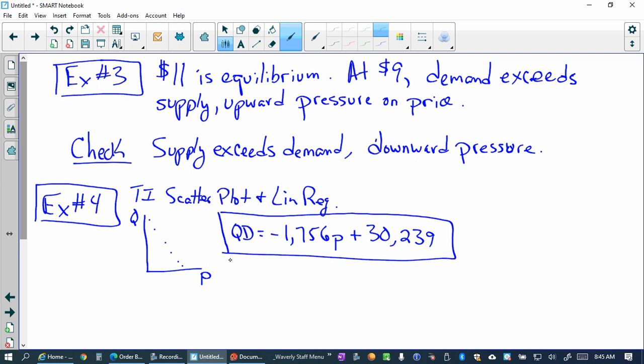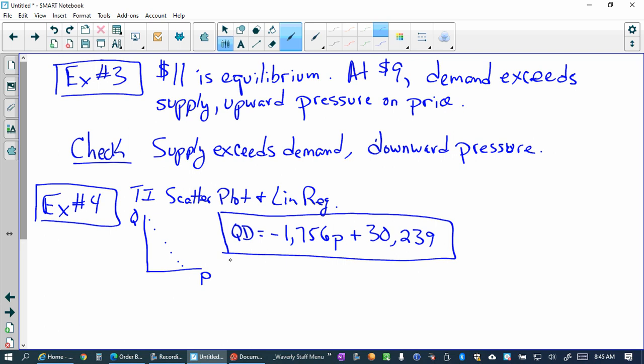Rate of change. Slope is rate of change in a real life situation, the rise over run. And the B, what was the B? Well, the y-intercept. But in a real life situation, what does that mean? Remember, the slope is the rate of change, and the y-intercept is where it starts.